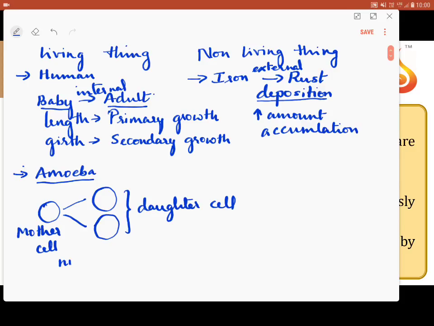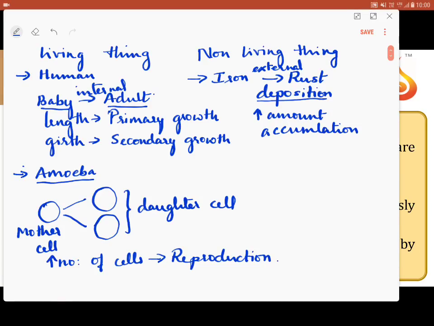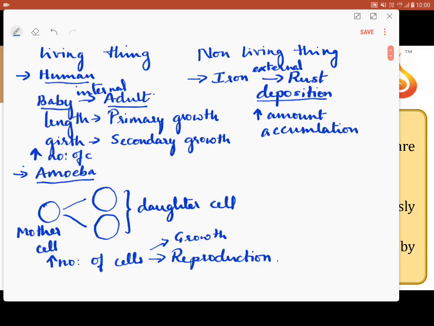Number of cells have increased. But can I also refer to this as reproduction? Yes. So, in living organisms, especially in case of unicellular organisms, increase in number of cells is both growth and reproduction. But in case of larger multicellular organisms, increase in number of cells is only referred to as growth.